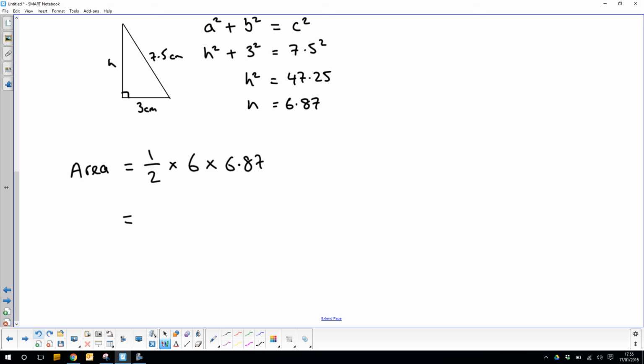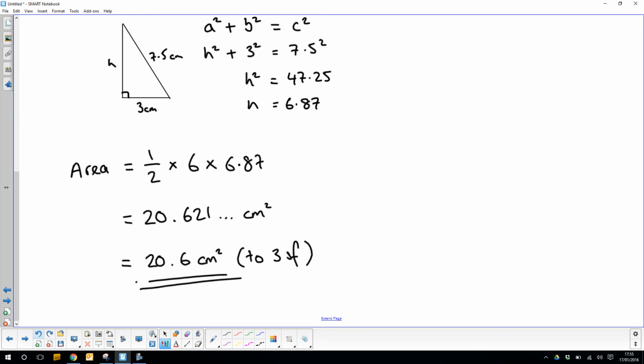So on my calculator, using that previous answer, I'm going to multiply by 6 and then multiply by 0.5, and I get my answer, which is 20.621... centimetres squared, which I'm then going to round and say that's 20.6 centimetres squared to 3 significant figures. And there we have the answer.